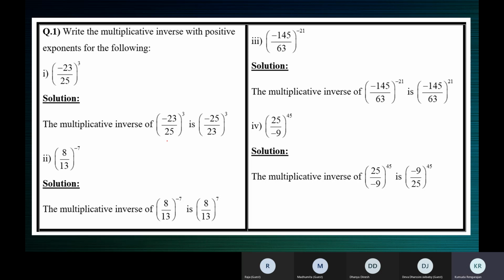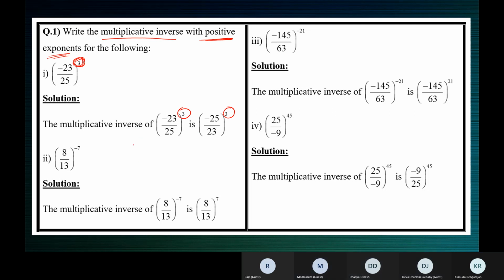The condition is we should write the reciprocal, but the power should be positive. That's the meaning. Write the multiplicative inverse, write the reciprocal, but let the power be positive. Exponent meaning power. So the power is 3 here. Let the 3 be 3 only. It's positive. Let the positive power be positive. That means you should change the base. Write the reciprocal of the base. Minus 25 by 23. Correct, children?